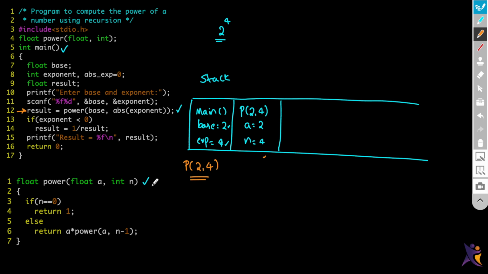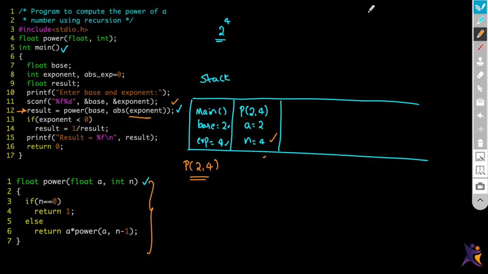After executing this function, the control should go back to the calling function. This is the calling function, this is the calling place, and the control should continue executing the next statement. So along with this record, the compiler also stores the address of the instruction that is to be executed after executing this function.